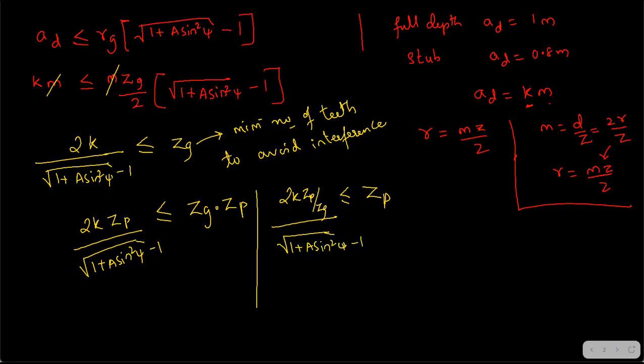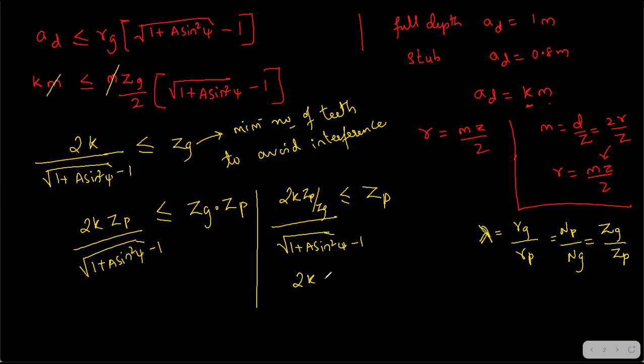Now, what is the Gauss ratio? The Gauss ratio is Rg by Rp, which is equal to Np by Ng, from the fundamental law of gearing, which is equal to Zg by Zp. So Gauss ratio is equal to Zg by Zp. Zg is here, Zp is on top.